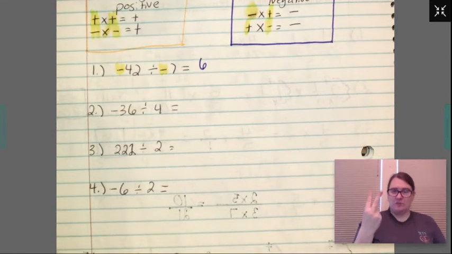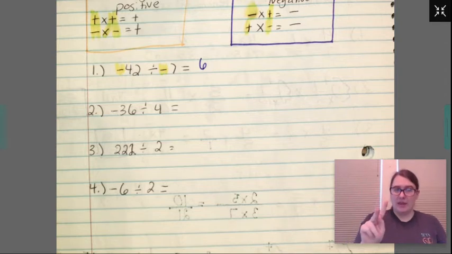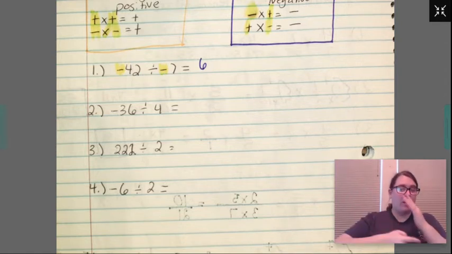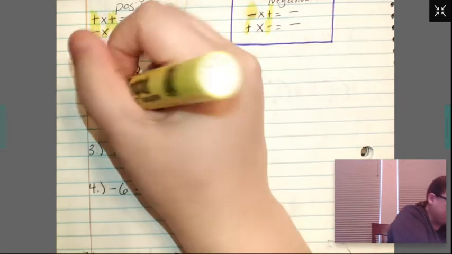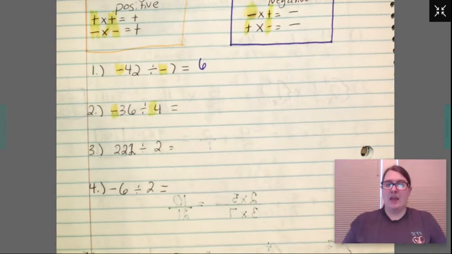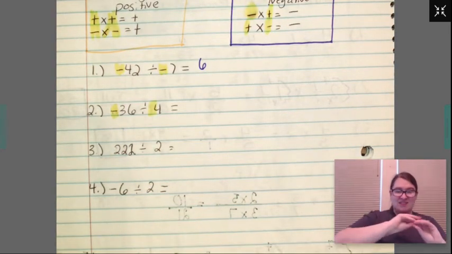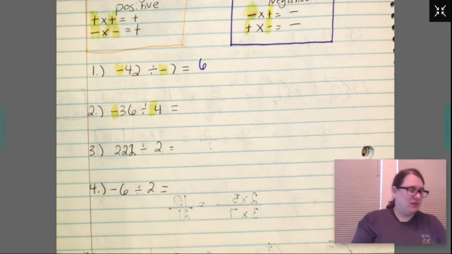Okay, let's try number 2. Negative 36 divided by 4. Okay, let's see, what are my signs? Okay, that 4 has nothing next to it, which means that it's positive. So I'm going to write it so I remember.